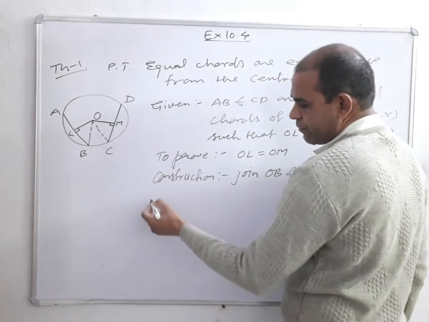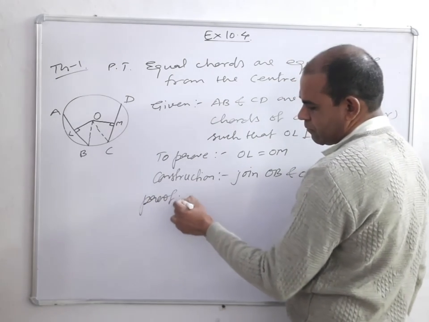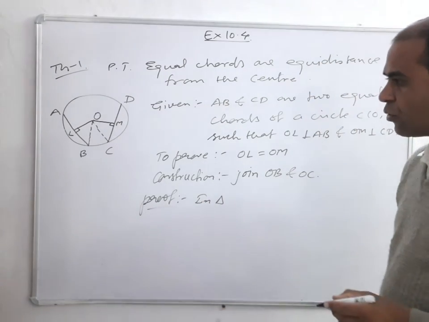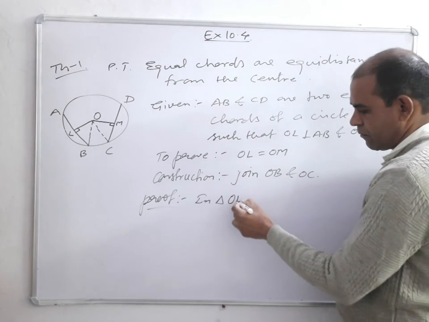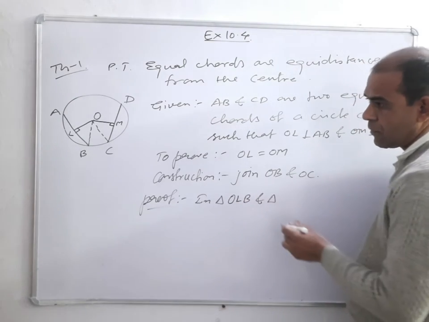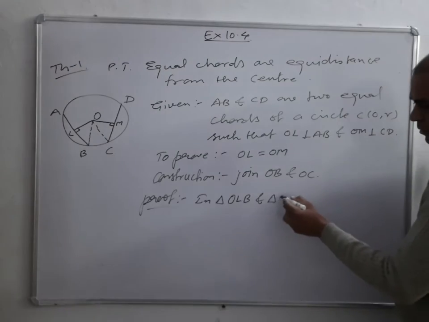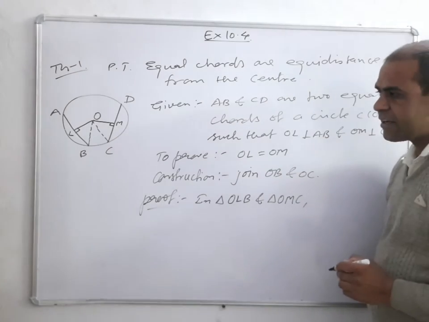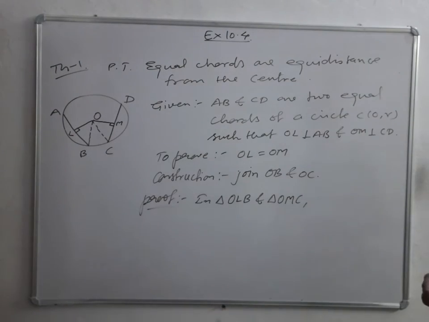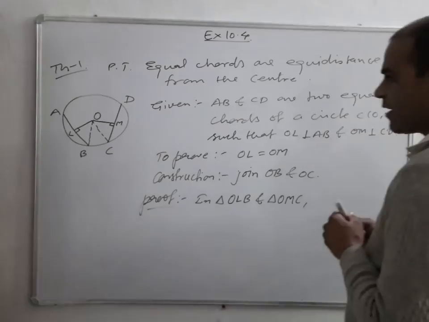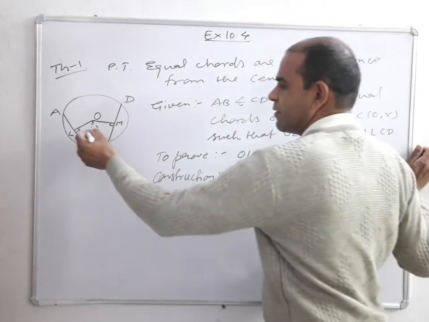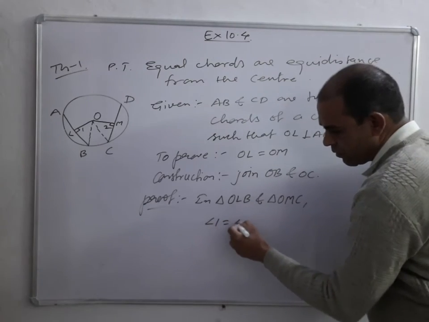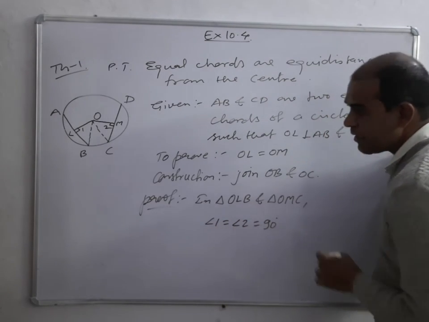Again, proof. In triangle OLB and triangle OMC, we are proving the congruent triangles. So first, angle 1 equal to angle 2, both are 90 degrees.